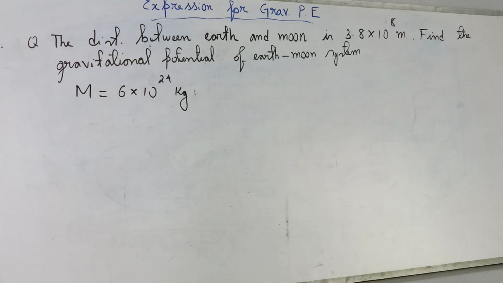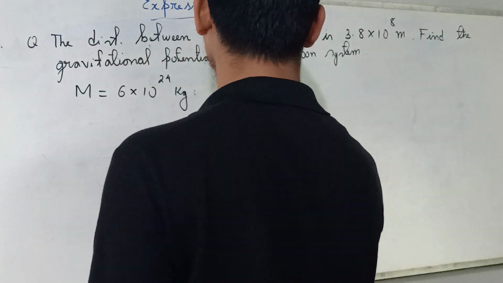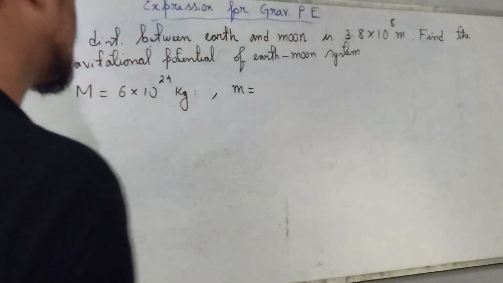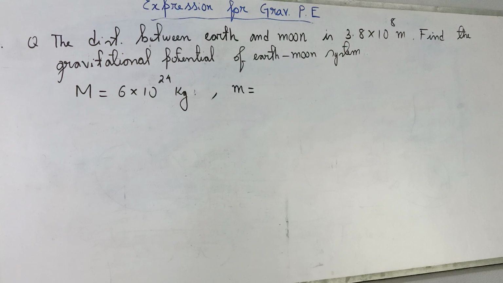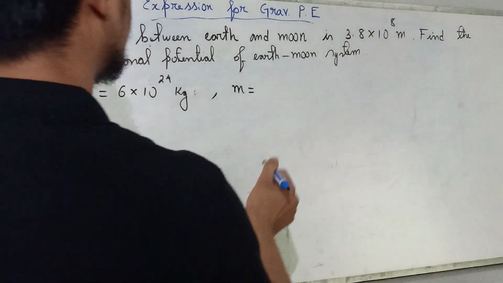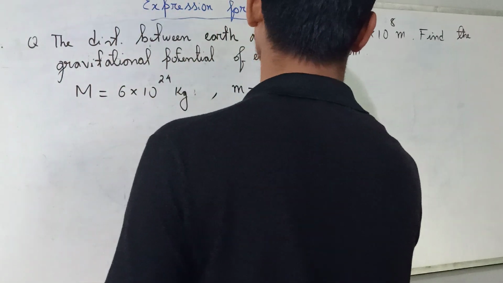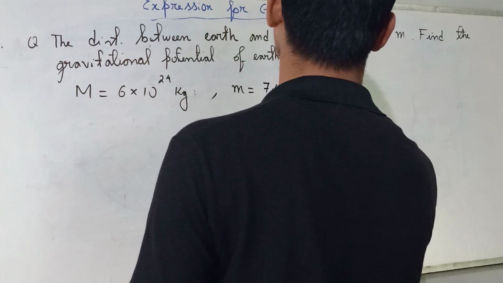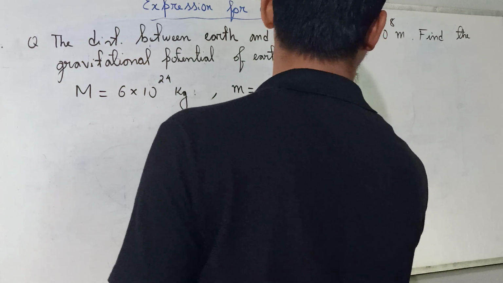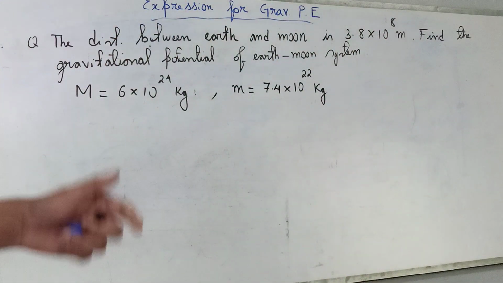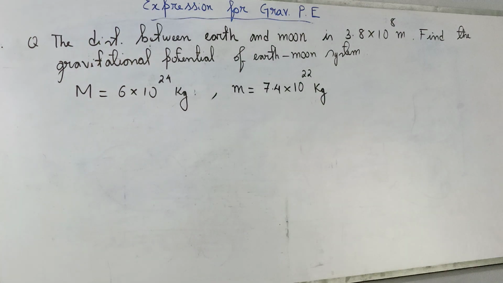The mass of the Moon, let me take a small m, is something like 7.4 into 10 to the power 22 kilograms.